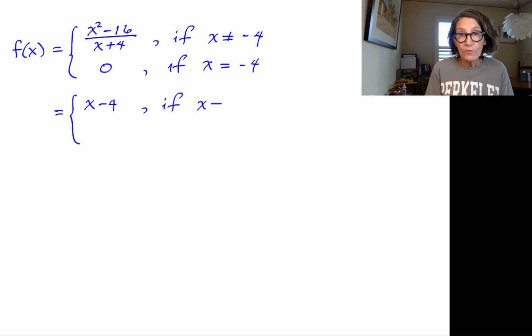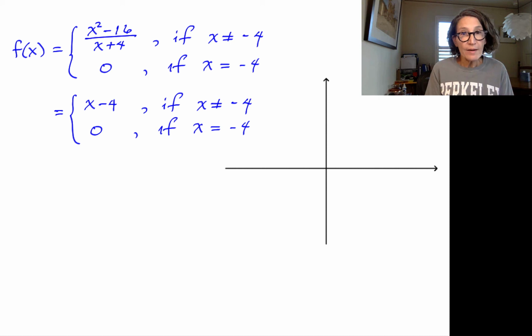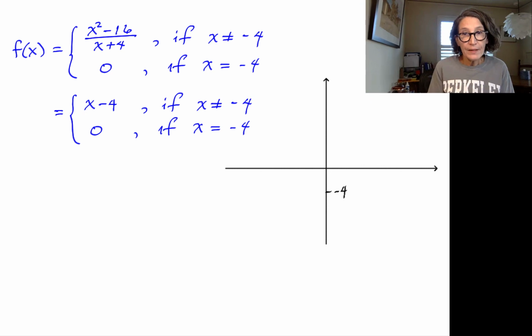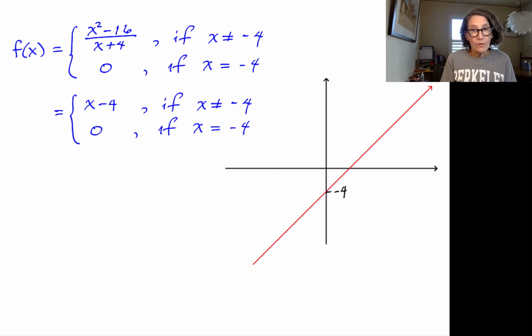So it's x minus 4 for all x not equal to negative 4, and it's 0 if x is negative 4. So let's graph that. The first piece is just a line. Y equals x minus 4 is a line with slope 1 and y-intercept negative 4.